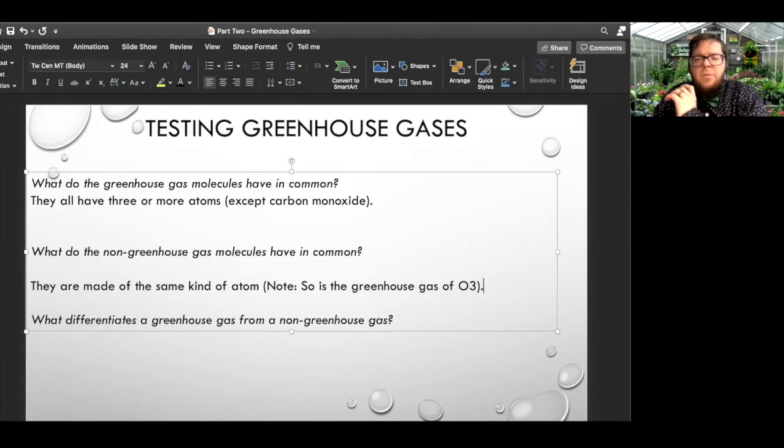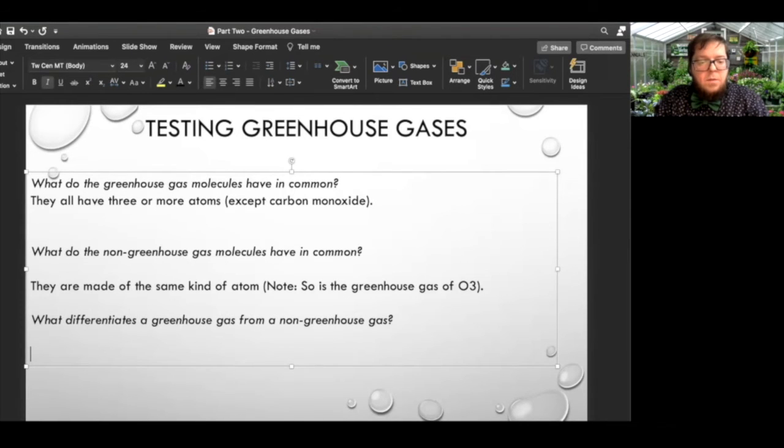So maybe if we put these together, we've got one thing where we say, okay, they've got to have 3 or more atoms, but there's an exception to that. Or another thing where we say we've got to have the same kind of atom, except there's an exception to that. But maybe if we sort of take a Venn diagram situation here and we say, okay, what differentiates a greenhouse gas from a non-greenhouse gas?